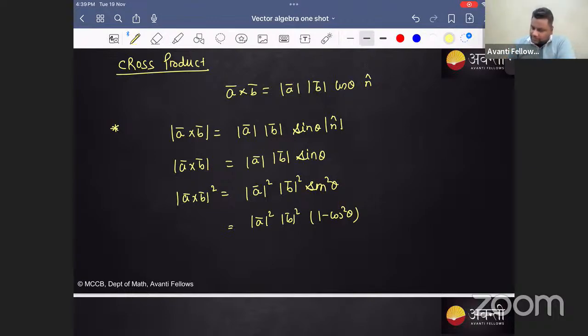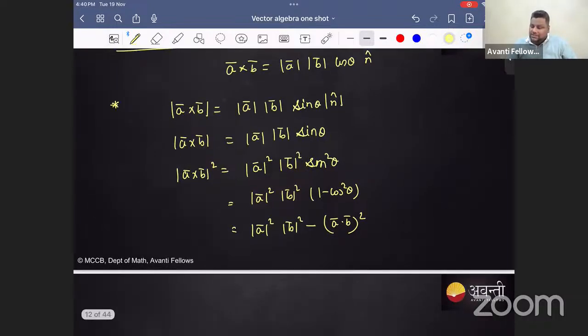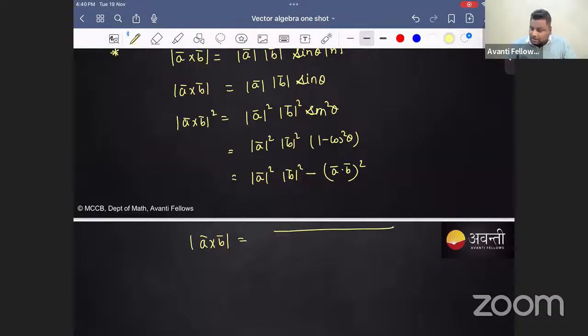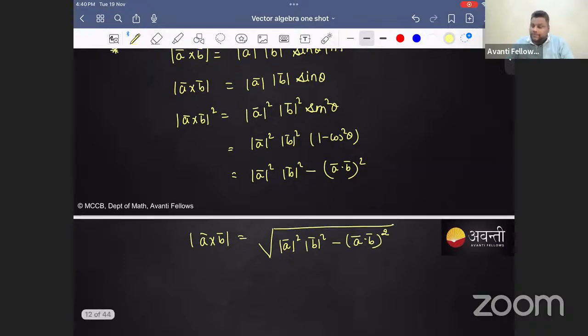Now it is magnitude of A square, magnitude of B square minus, can I write it as A dot B whole square? Got it? So A cross B magnitude is under root of magnitude A square, magnitude B square minus A dot B whole square.